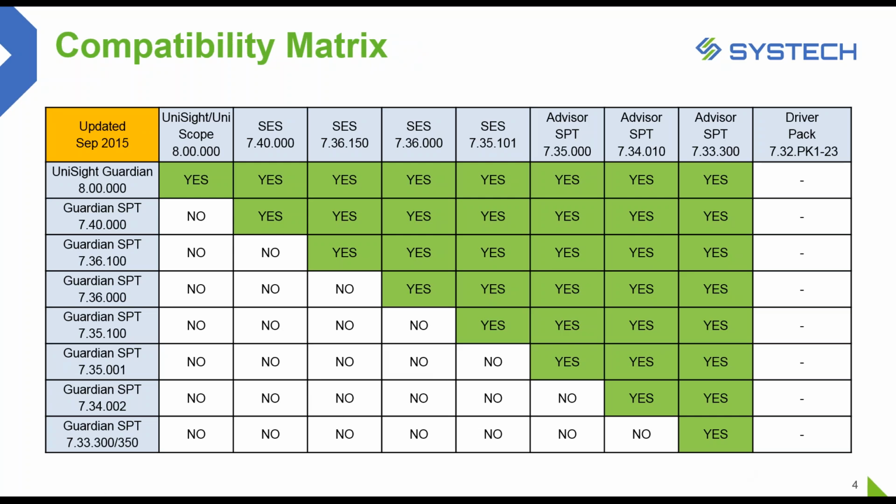If you guys are using it, those features will not be available, and chances are it may cause errors. So depending on what you're actually using, it may or may not work. But once you get to a more recent base, something like 735.101, then yes, you can fully use it with Unisite 8.0 releases.